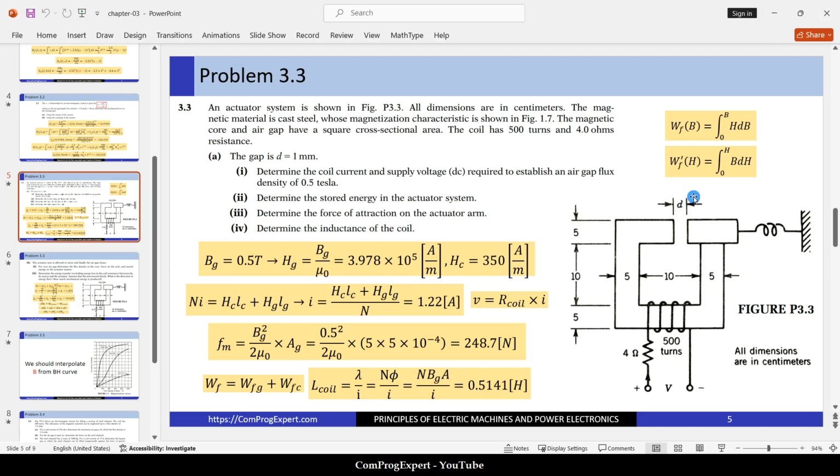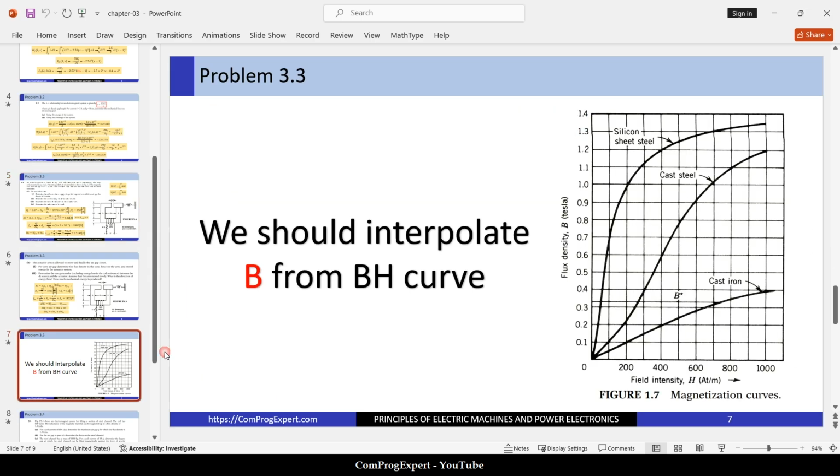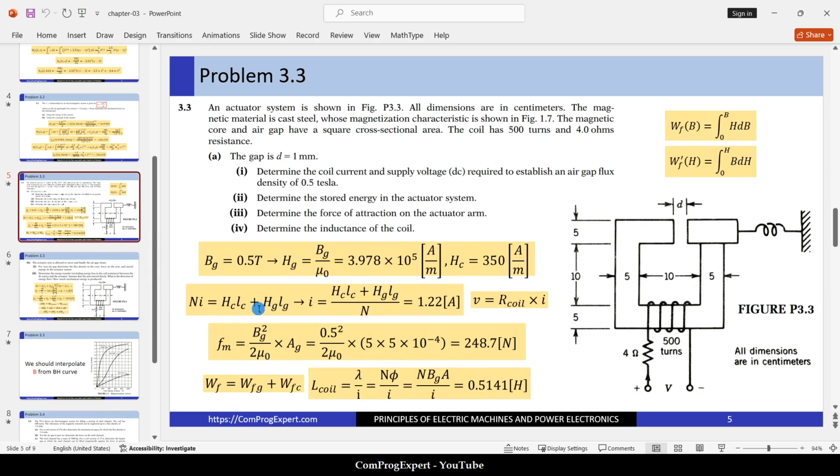Anyway, for a constant value of the source current, we can solve the problem using this nonlinear BH curve, find the value of the magnetic field intensities, and find the amount of the energy as we did in this part.